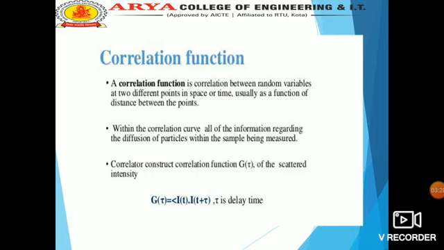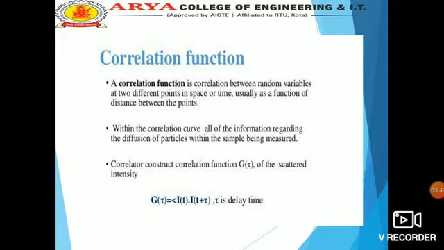Correlation function is a correlation between random variables at two different points in space or time, usually as a function of distance between the points.